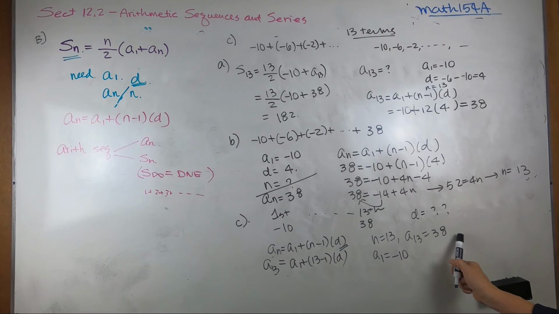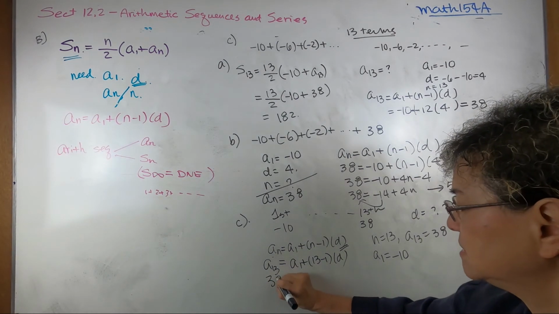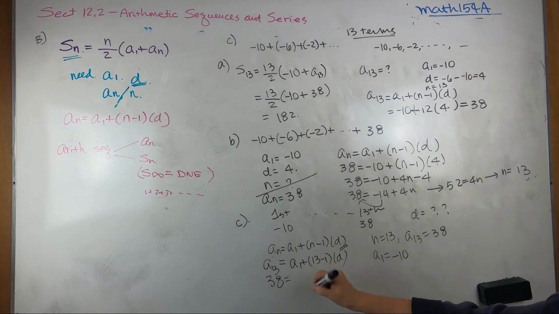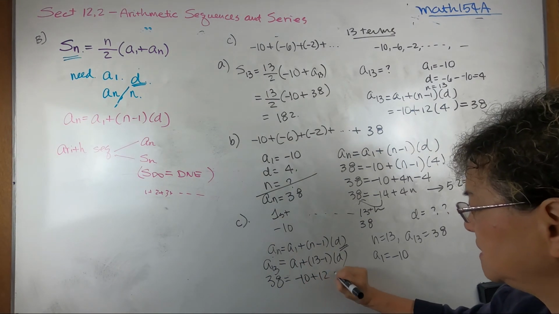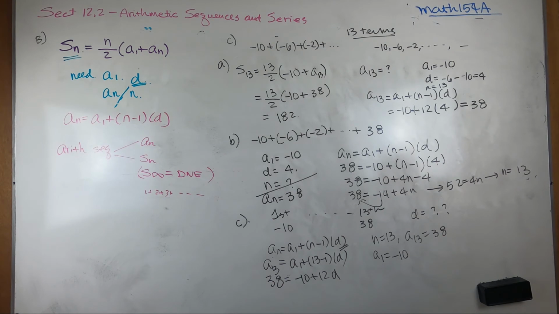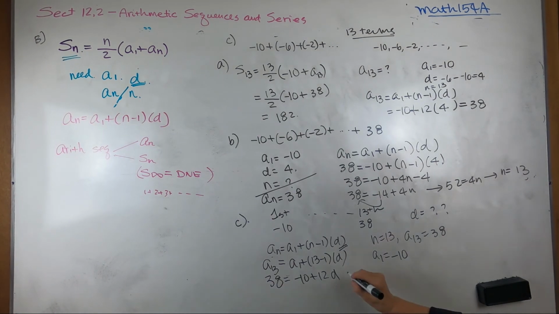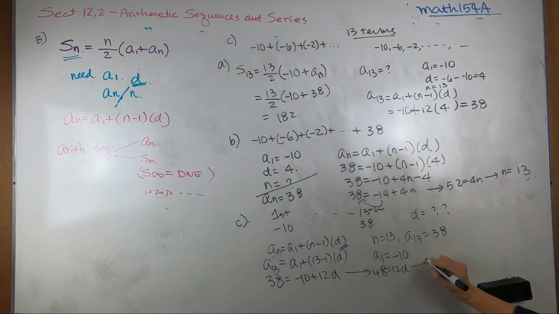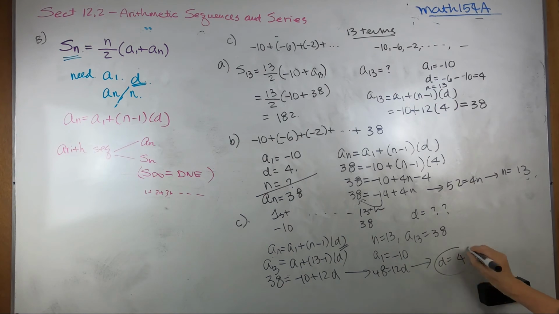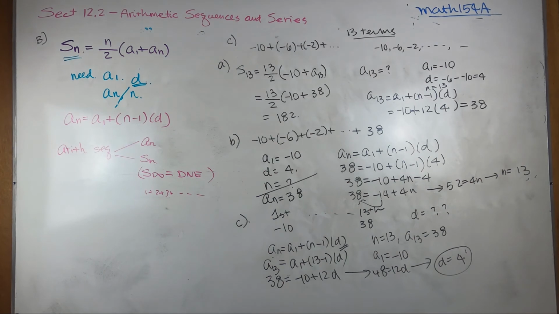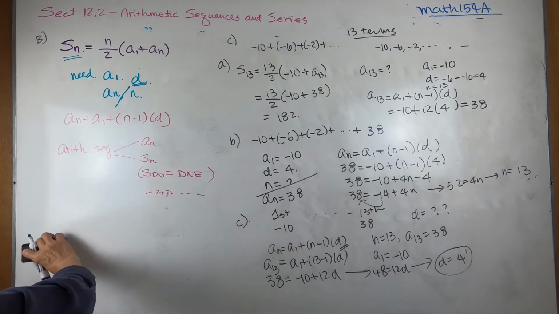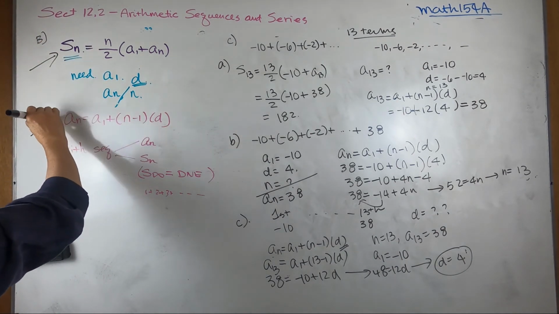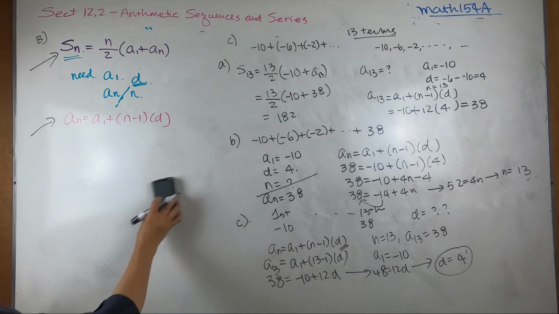Then A13 is 38. Negative 10 plus 12D, right? If so, plus 10, 48 equals 12D. So what's your D? D is 4. That's how we find it. Okay? So that's how you use these two formulas.